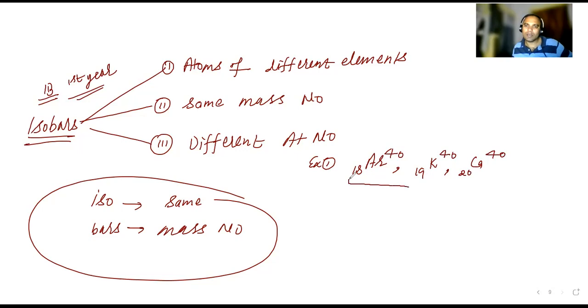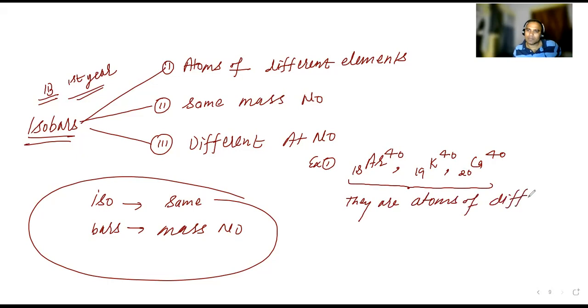So you see, argon is an atom of the element argon, potassium is an atom of the element potassium, calcium is an atom of the element calcium. Yes or no? So we can write they are atoms of different elements.